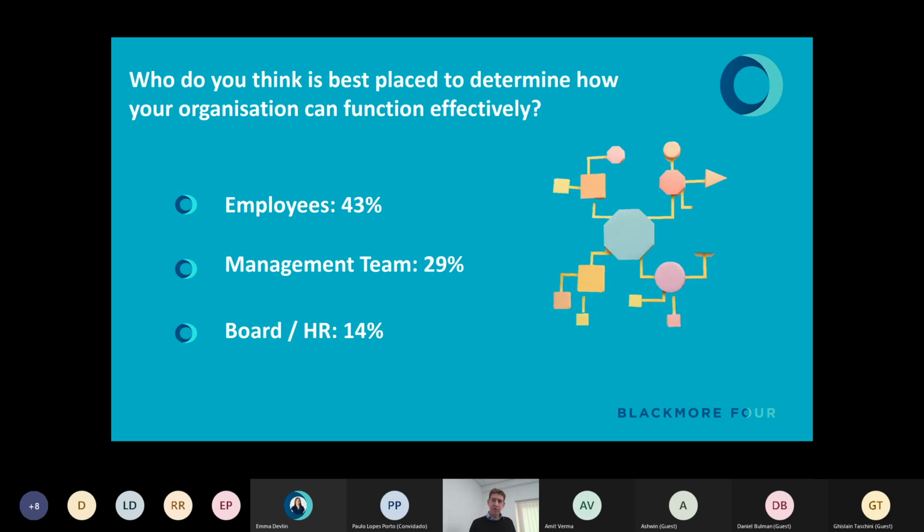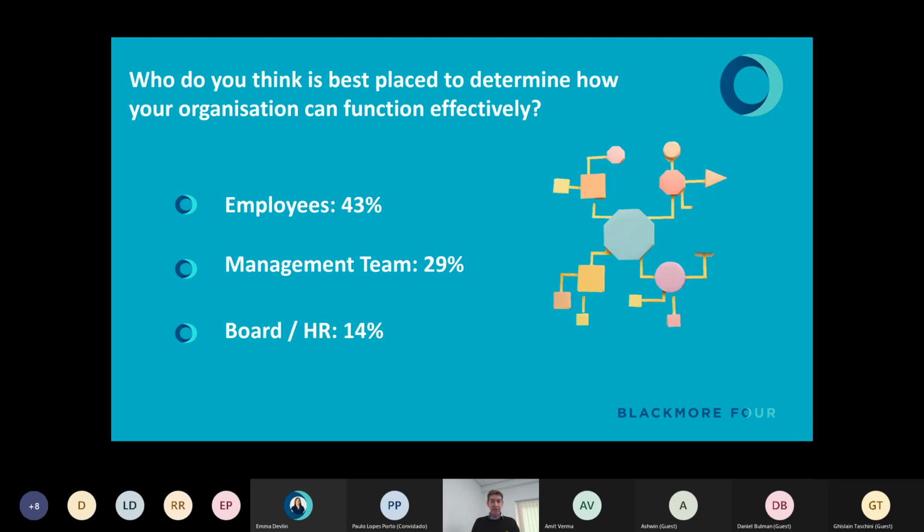And it surprised me, if I'm honest. I expected, when we crafted this question, I expected feedback that said the board and the management team. We have people engaged in this topic who lean more towards the sort of broad umbrella of HR or related expertise, and I wondered if there'd be some bias coming through from that, that HR professionals are the experts on this.